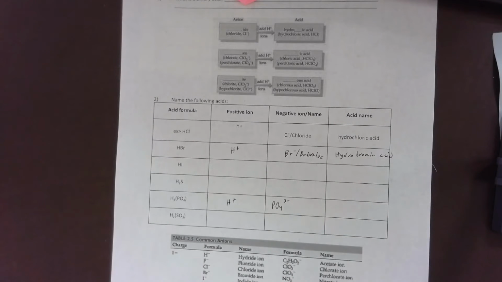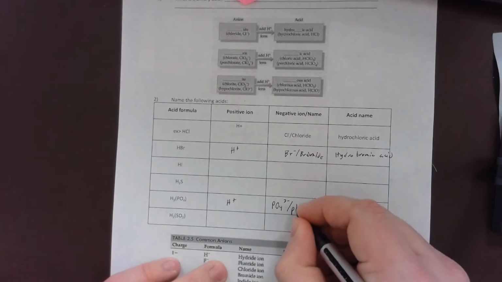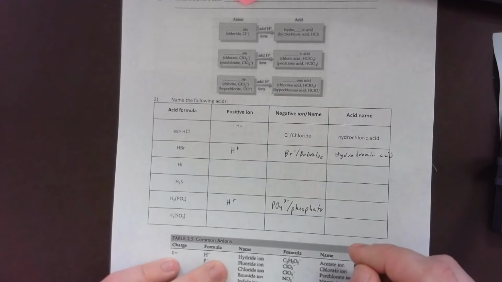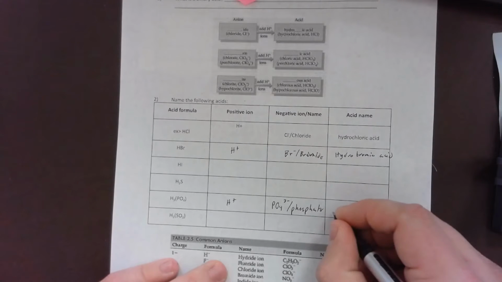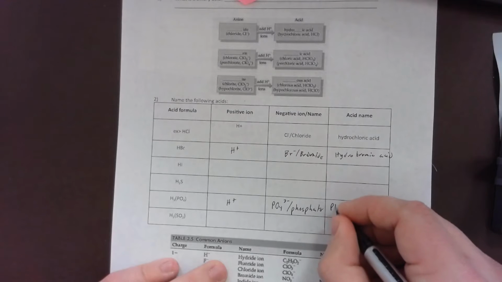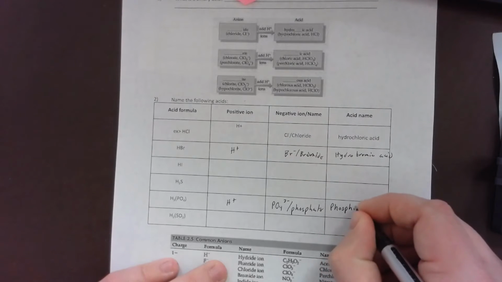So that means this is a phosphate, so we now have an ic acid. So we have phosphoric acid.